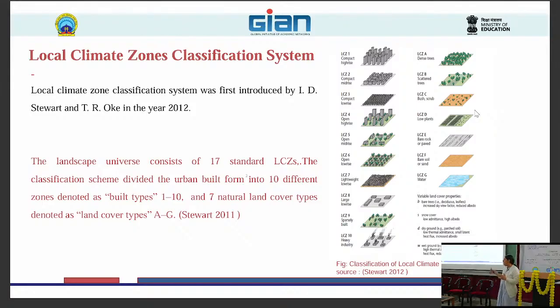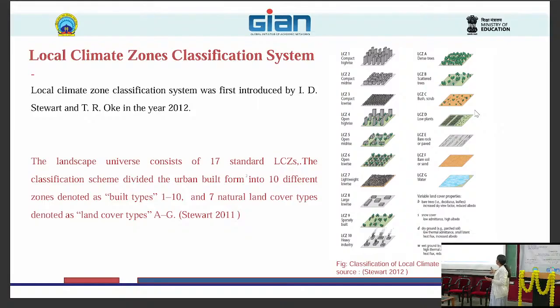It was all about surface fractions. Of course that also has a contribution, but after Stewart we started thinking about the 3-dimensional form of the building, which contributes to the near surface air temperature. At the canopy level, the form becomes an important characteristic.